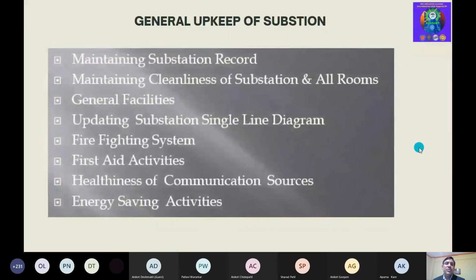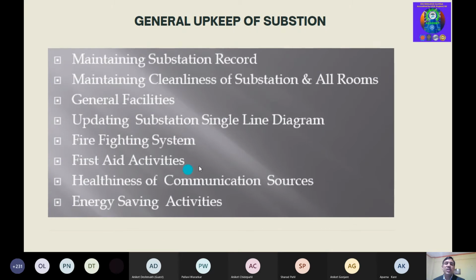And for the general upkeep of the substation, we have to maintain the substation records, then maintain the cleanliness of the substation and all rooms. Then we have to update the single line diagram, firefighting system, and first aid.